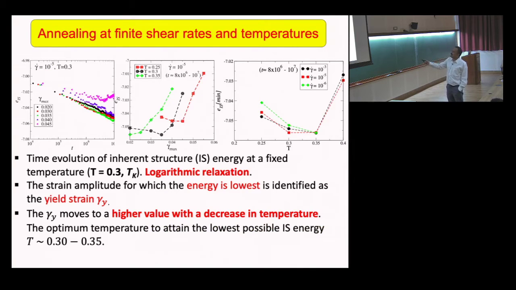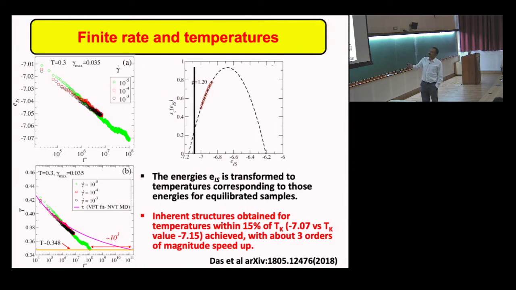Anyway, based on data like this, we can identify what is a good temperature range and shear rate to work with. If you fix the temperature and the amplitude of shear, as I've indicated here, one can vary the shear rate and look at what happens.